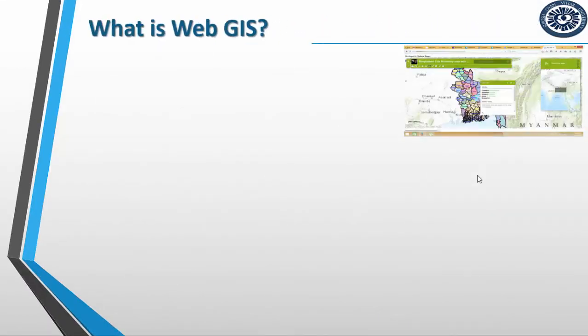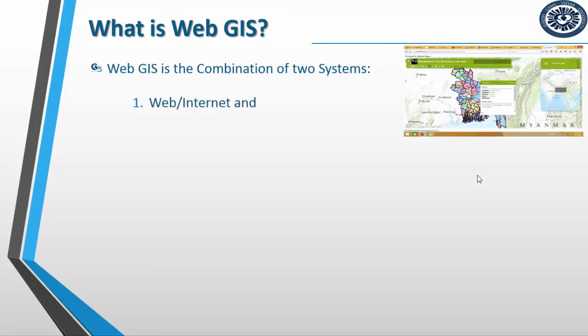Now let's see what is WebGIS. Generally, WebGIS is the combination of two systems. Number one, web or internet. You must need a web or internet platform to develop your WebGIS. Number two, all of us know GIS, which means Geographic Information System.